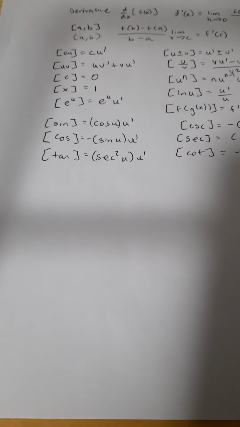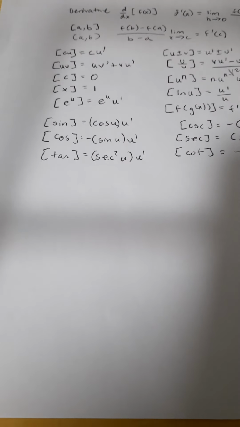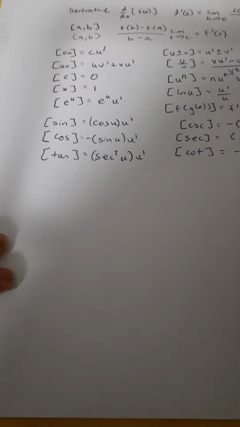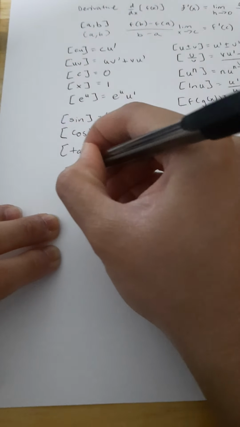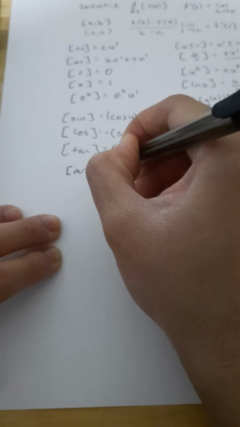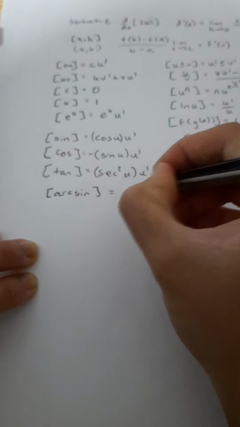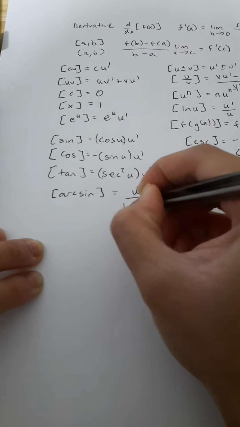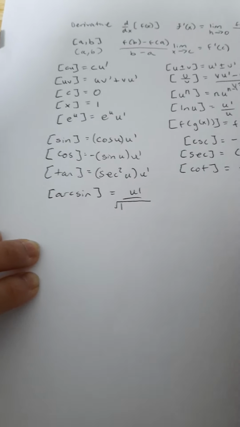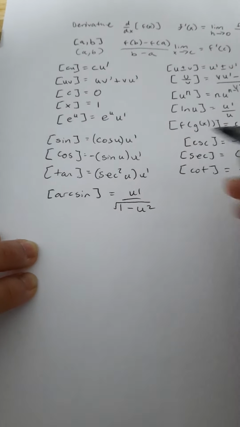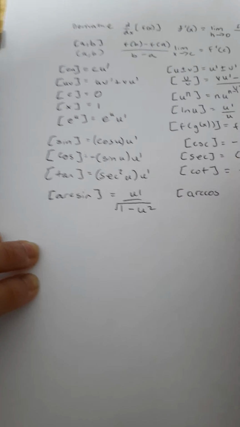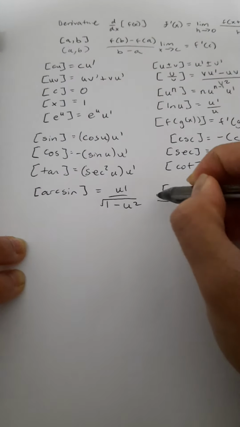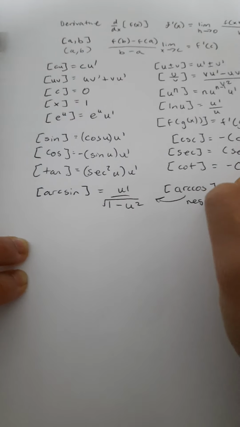So those are our trig ones. Now we're going for the inverse trig. Some of them are just the negative version of the other. Like arc sine of u is u prime over the square root of 1 minus u squared, but arc cos is just this, but negative.